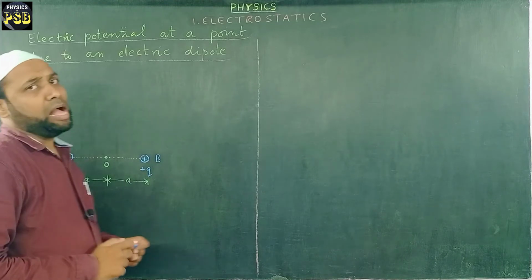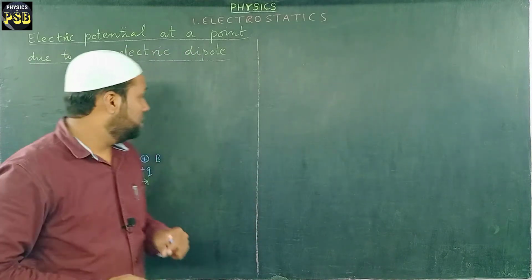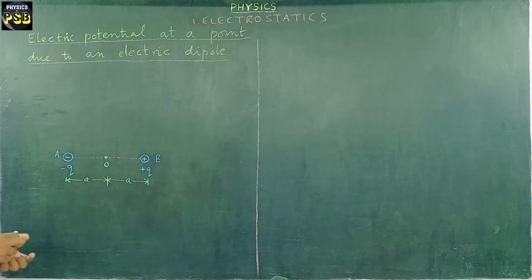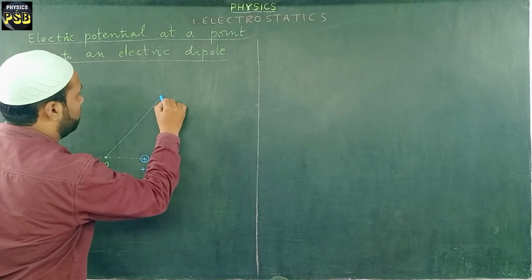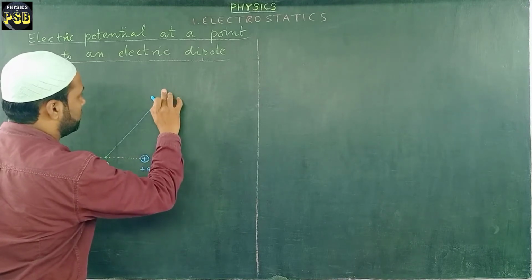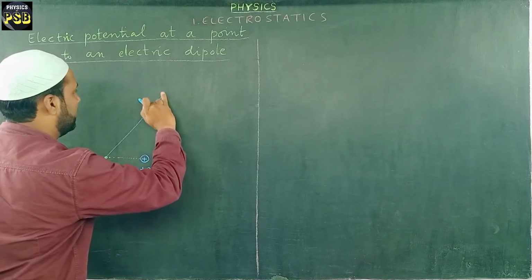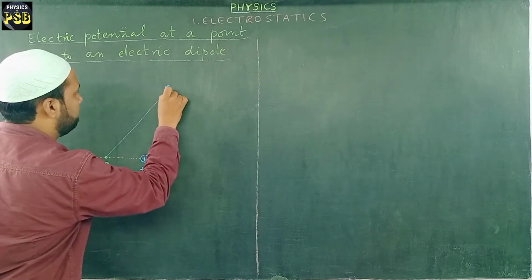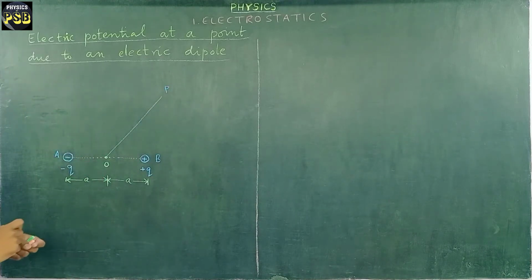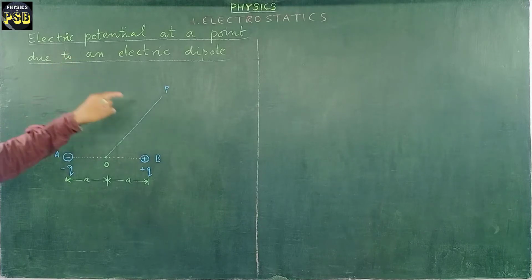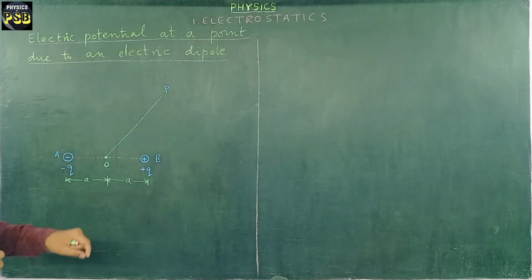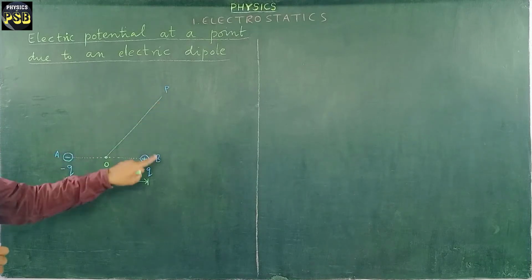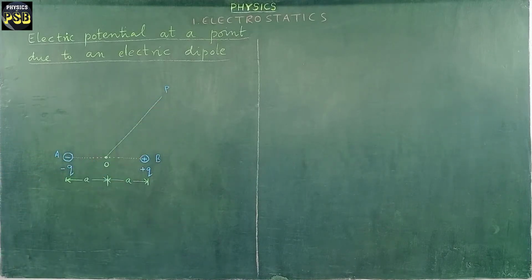Now I'll take a point P, a distance r from O, where I am going to find out the electric potential due to this electric dipole.